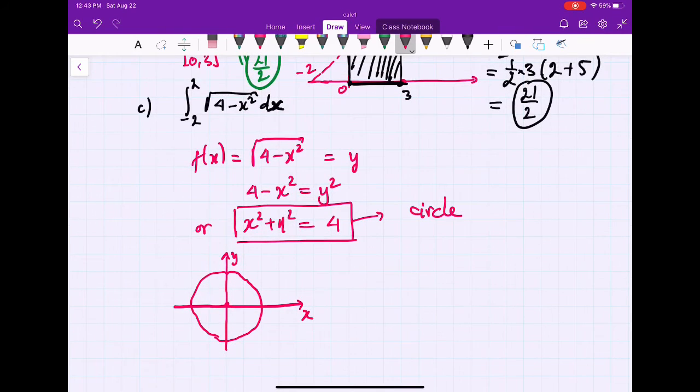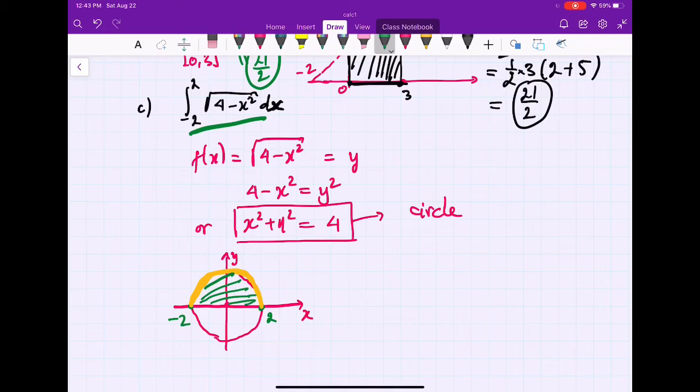And you consider this definite integral from -2 to 2. -2 is right here and 2 is right here. Okay, and you have square root of 4 minus x squared. So that means you just consider a half of that circle, and that half is above the x-axis. Does that make sense? So basically, that definite integral is the area of this region.